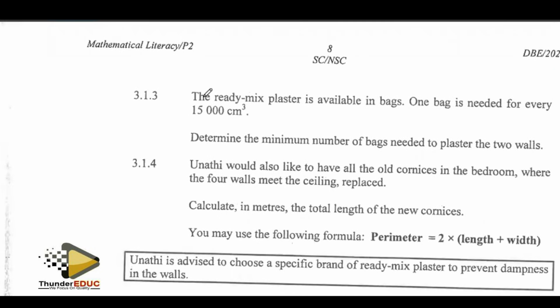The ready mixture plaster is available in bags. 1 bag is needed for every 15,000 centimeters cubed. Determine the minimum number of bags needed to plaster the 2 walls. Remember, we've just looked for the volume. So volume of the plaster divided by the volume for 1 bag.